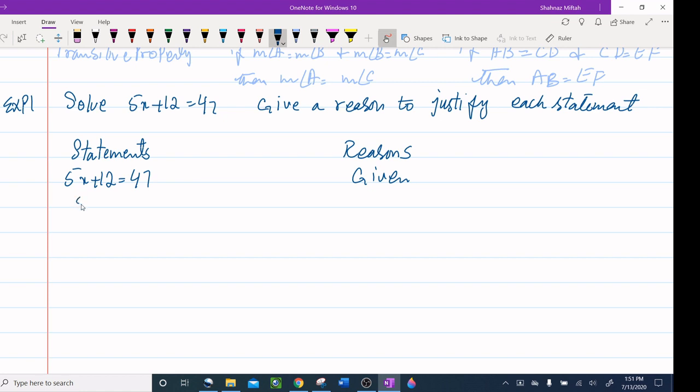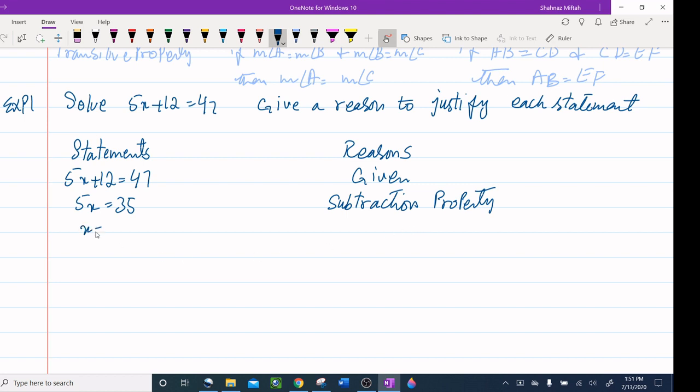Then 5x equals 35. When they give you a statement like this, you have to think about it. How did I get 5x equals 35 from the given equation? I subtracted 12 from both sides, and 47 minus 12 gives me 35, while 5x stays the same. So I used the subtraction property of equality.